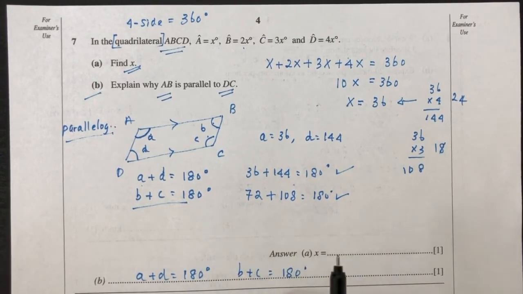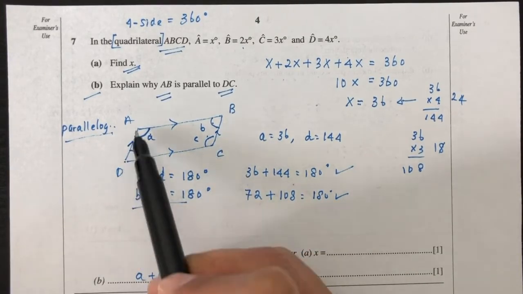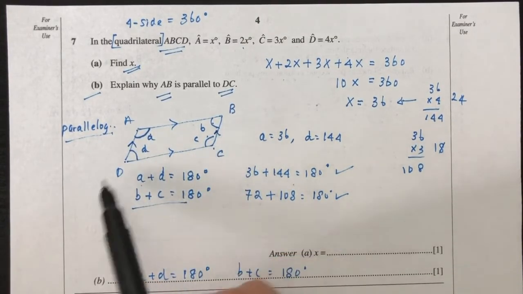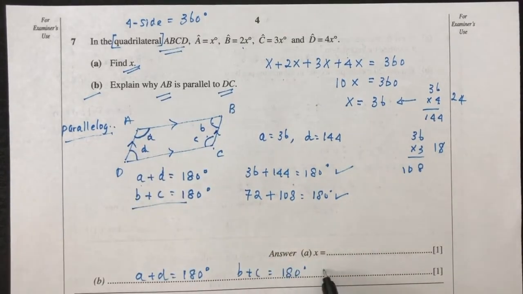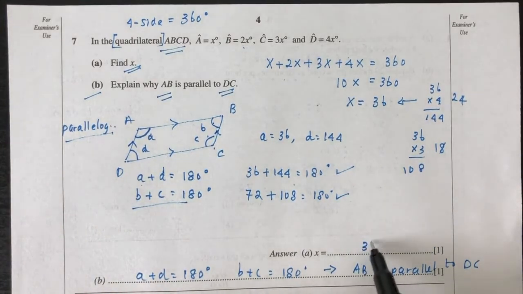This is one of the properties of a parallelogram. So it means that AB is parallel to DC. So x is 36.